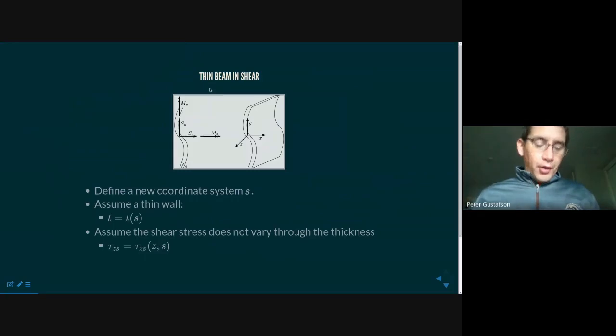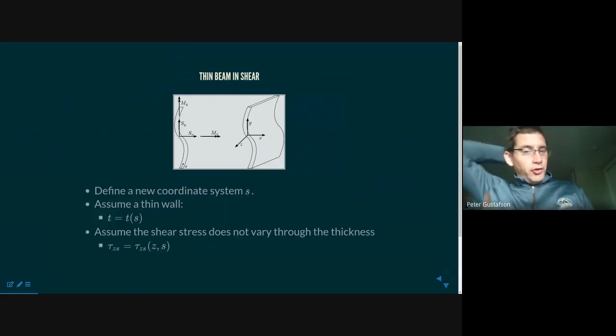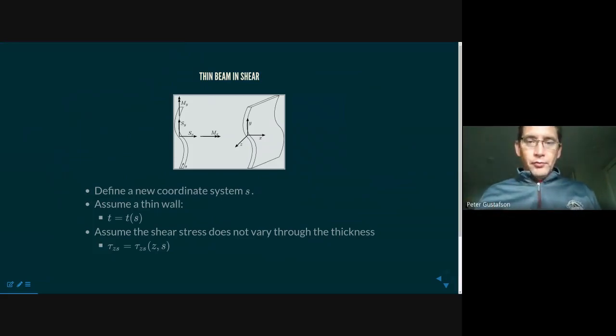Really what we're now going to express is solutions for a somewhat different problem. It's in fact a very similar problem, but now we're going to put an additional geometric constraint on the problem. Previously we defined an Euler-Bernoulli beam.